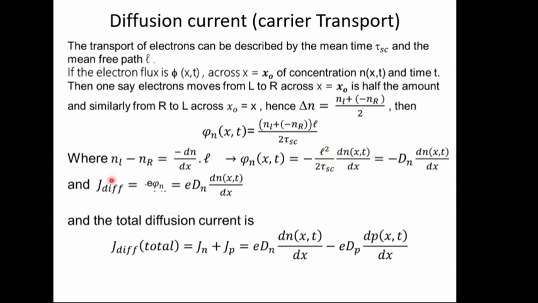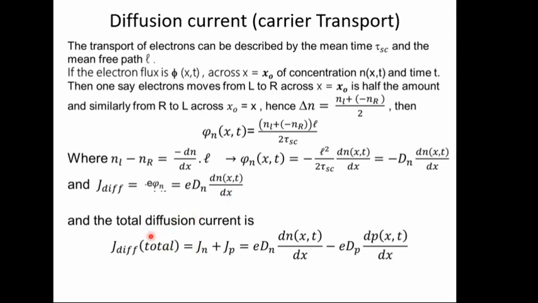But the diffusion current is defined as minus e phi sub n. Since there is a minus here and a minus here, the minus for the electrons' charge, it is equal to plus e D_n dn of x by dx.